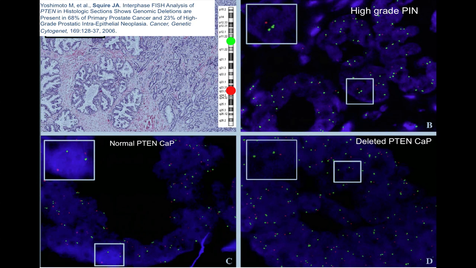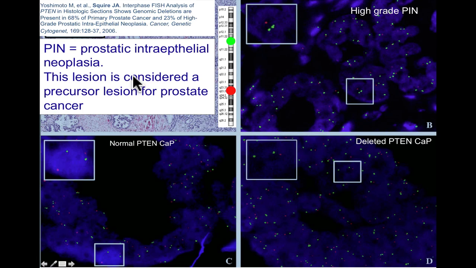This is a slide from our first paper looking at PTEN, published in Cancer Genetics and Cytogenetics some 5 years ago. This is an area that contains cell types which I call PIN, which stands for prostatic intraepithelial neoplasia, and this is considered a precursor to prostate cancer.